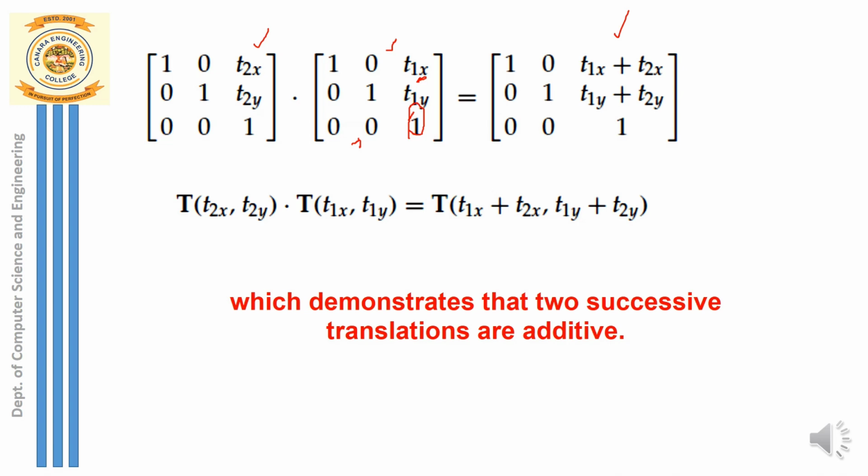So you can rewrite this as the first translation T1 multiplied with the second translation T2, giving this resultant matrix. This demonstrates two successive translations, T1 and T2, and you can say that they are additive in nature, because you are adding those two factors.